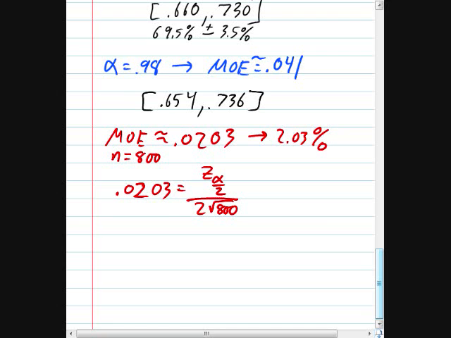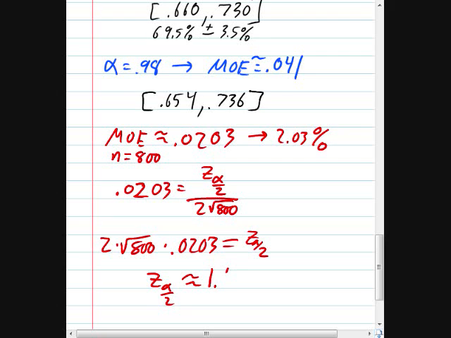To do that, first I need to solve for z sub alpha over 2. So my first step would be to multiply both sides of the equation by 2 times the square root of 800. And if you work this out, you'll see that z sub alpha over 2 is approximately 1.15.